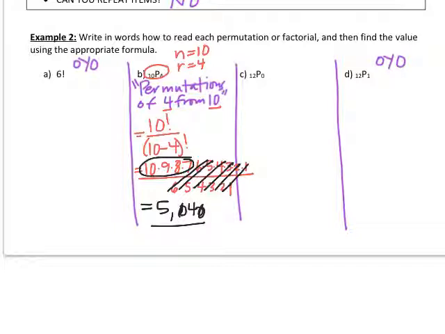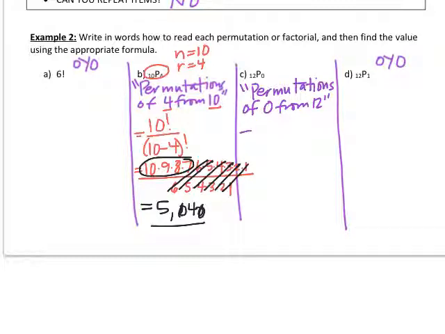All right, how about part C? Part C says 12 permutations 0, which actually means permutations of 0 from 12. Again, here n is 12 and r is 0.